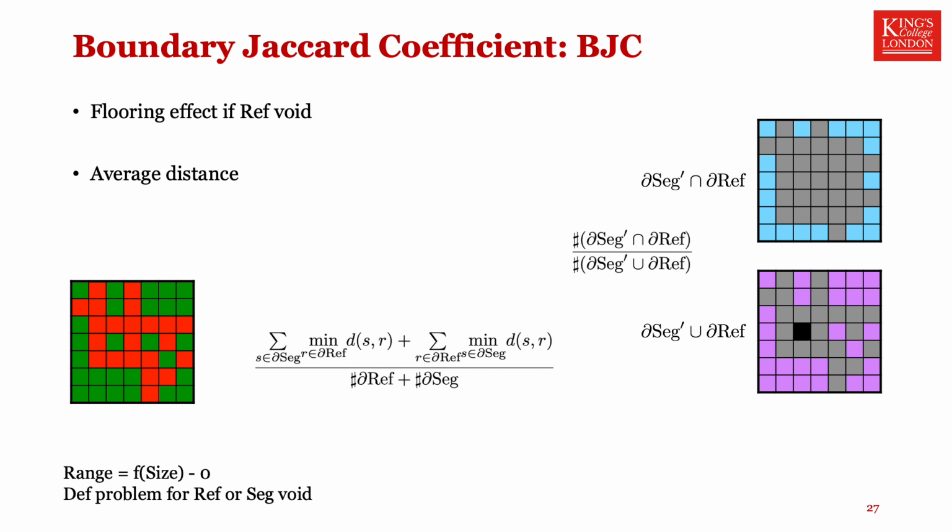You can also look at the average distance by calculating the minimum distance between the segmentation and the reference, looking from the perspective of the reference or from the perspective of the segmentation, and you divide that by the sum of the borders for each.